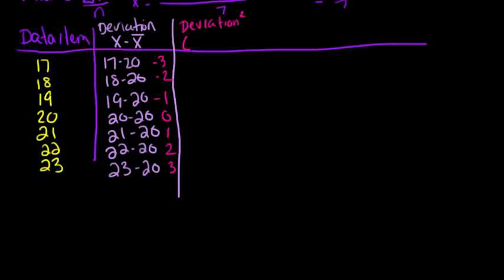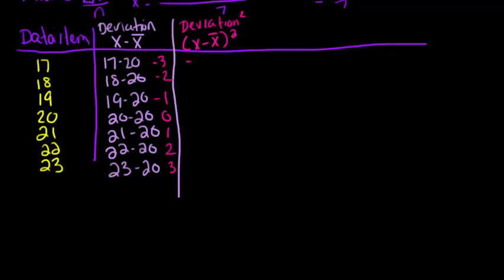squared, meaning x minus the mean squared. We'll just take the number that we found in pink, which represents the deviation, and then we're going to square it.